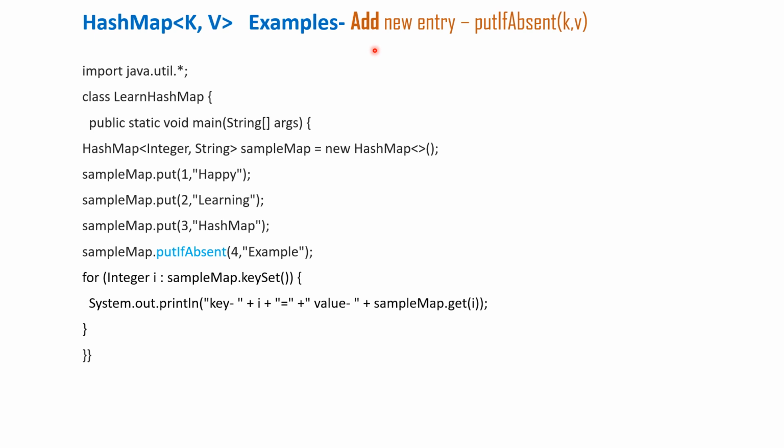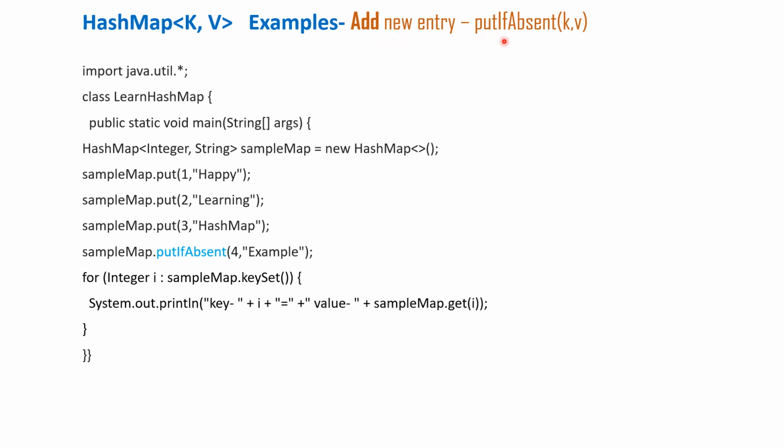Here the keys should be unique, right? We have to check whether that entry is already present or not before we add any entry of data into the hash map. If it is already there, then why would we put the data into the same entry? If it is not present, obviously there is no problem, we can add.